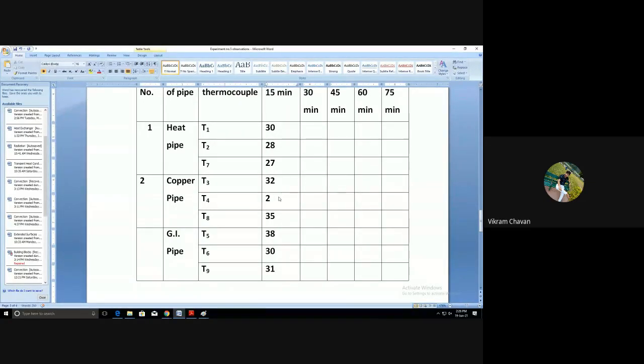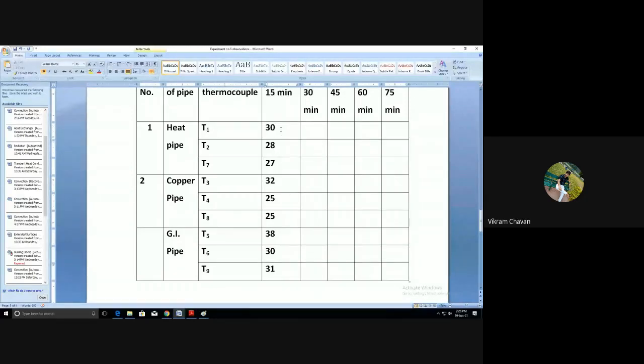Let us say 20, 25, and this is also 25. Then 38, 30, and 31. So we are getting such readings. Then how to compare these three particular pipes?